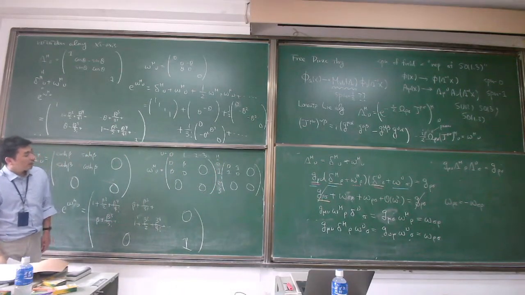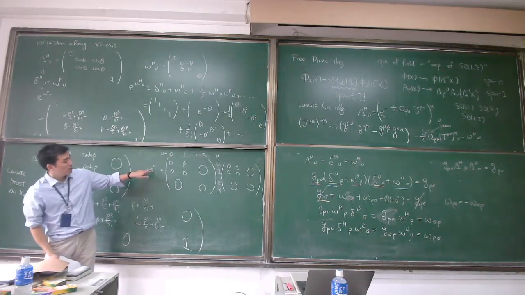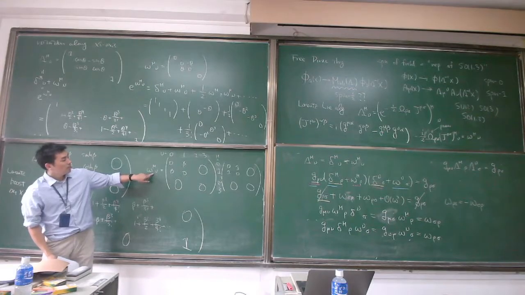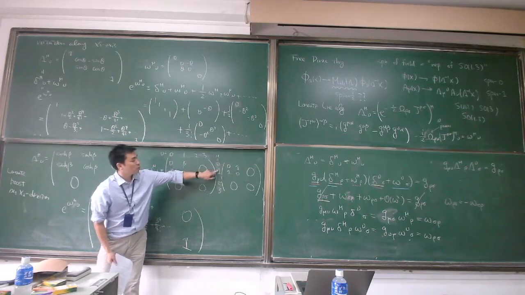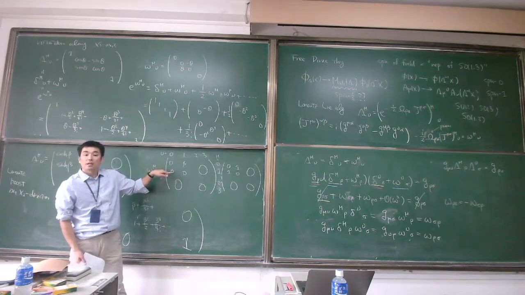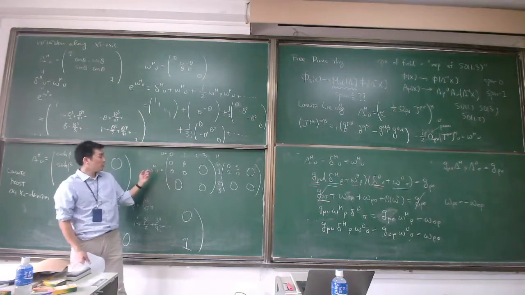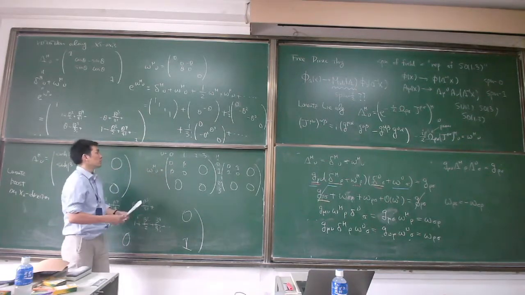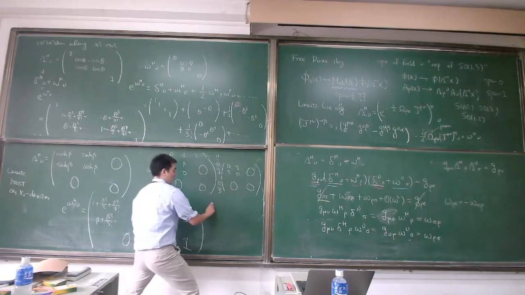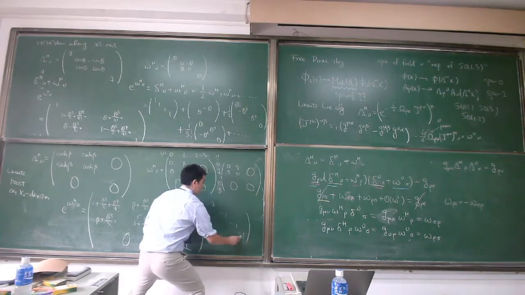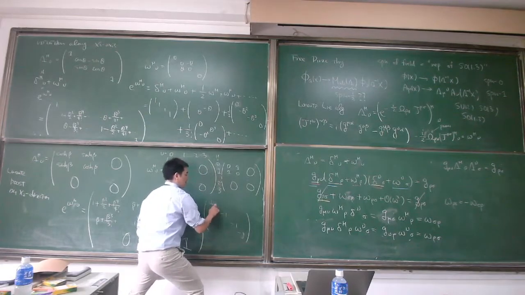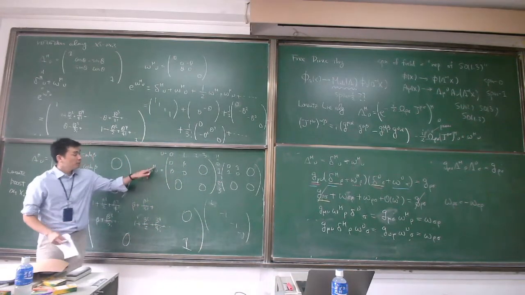And then, if you try to move, for instance, mu downstairs, so for this component, mu is 1, you get the minus sign, right? Because we take 1, minus 1, minus 1, minus 1. You have to multiply by g mu nu to bring mu downstairs.